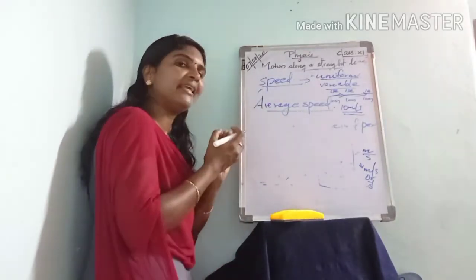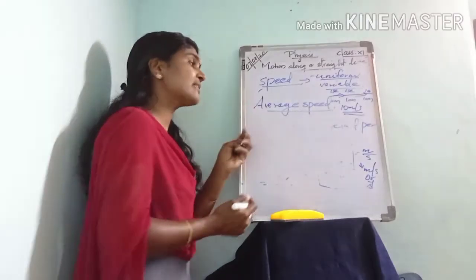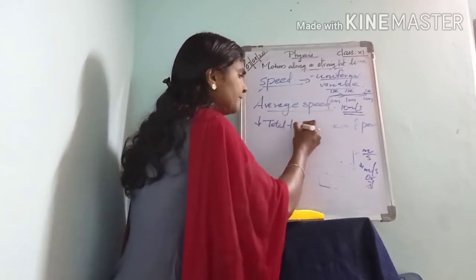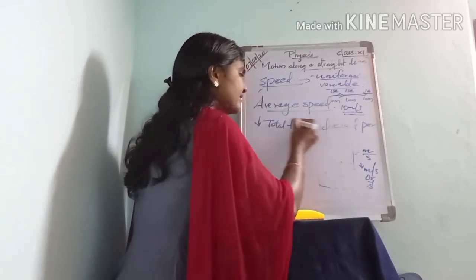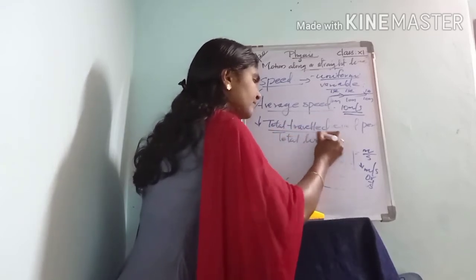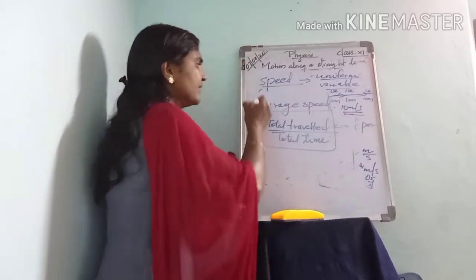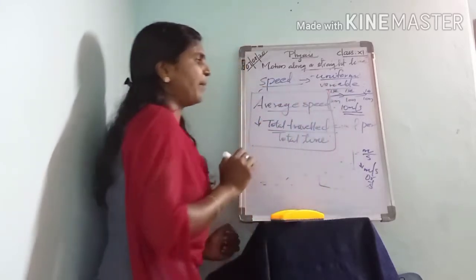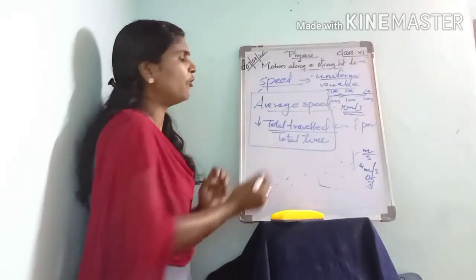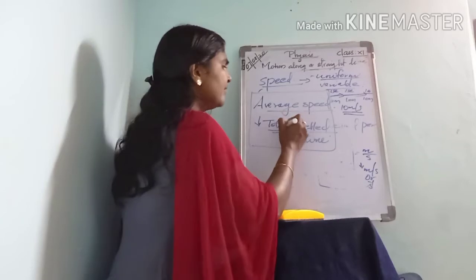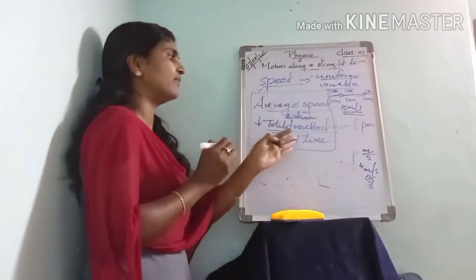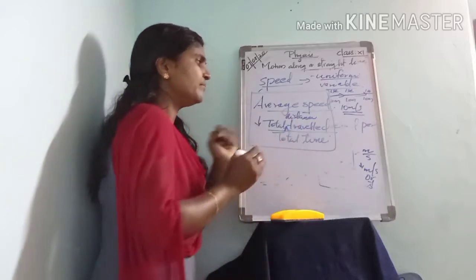It is calculated as the ratio of total distance travelled by total time taken. This is the equation for calculating average speed.